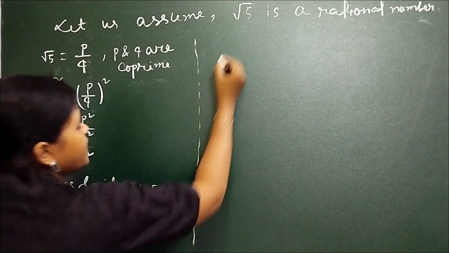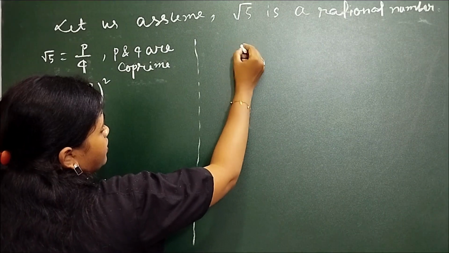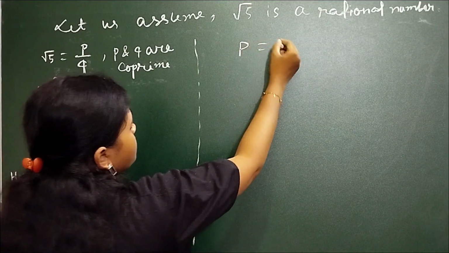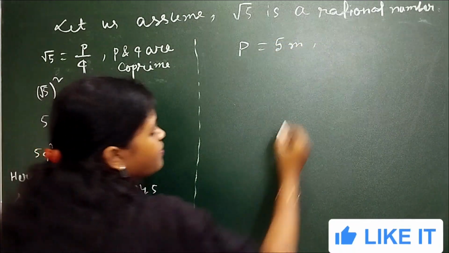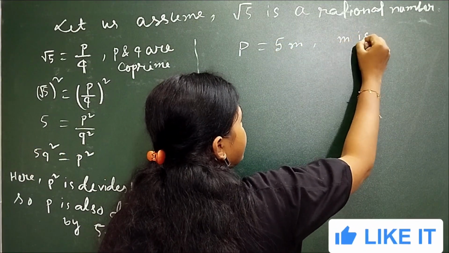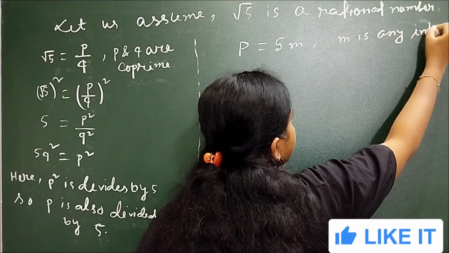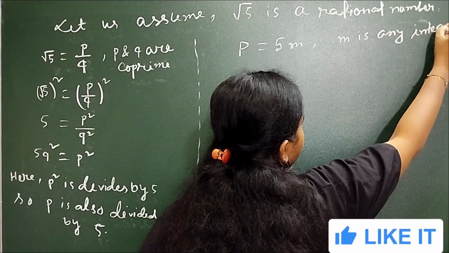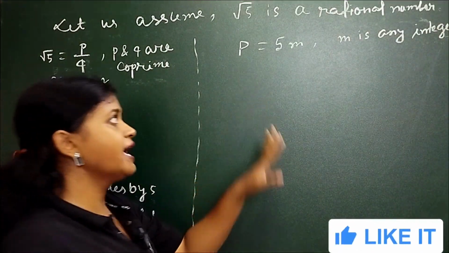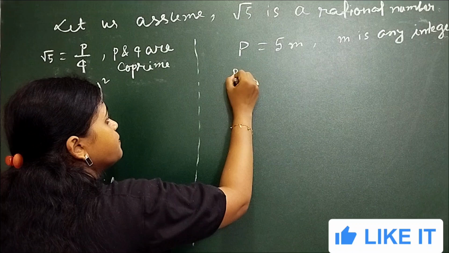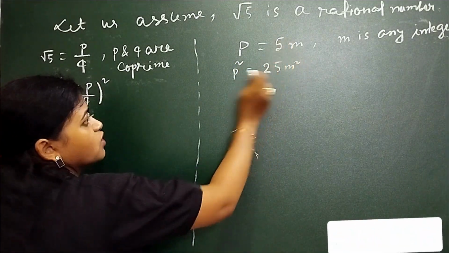Next we will assume that p equals 5m, where m is any integer. Squaring again both sides, we get p square equals 25m square, because 5 square is 25.